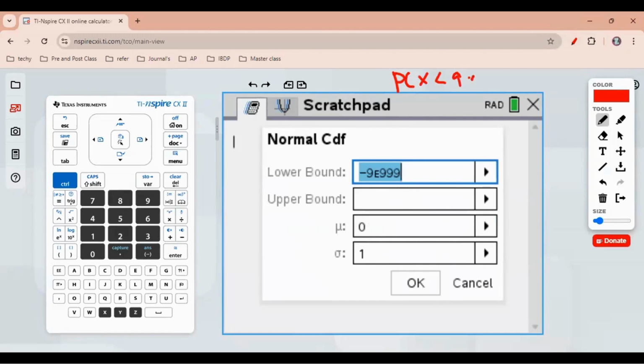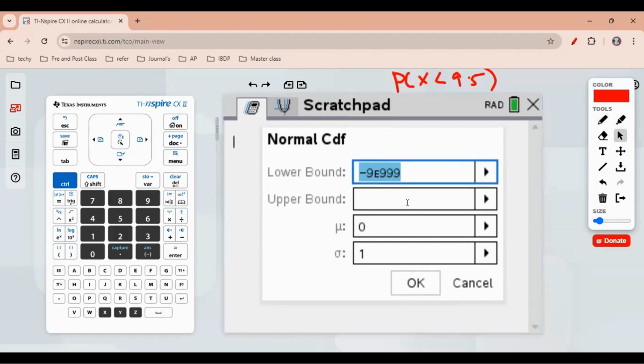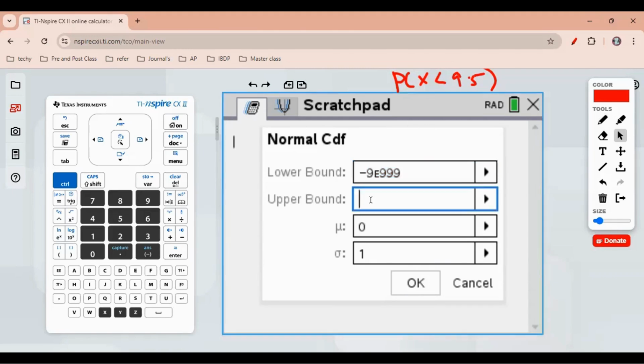X less than 9.5. So what is the lower bound? The lower bound is like minus infinity. It's already there, or you can put some big negative number with a lot of 9s. And then the upper bound: mostly we would give 9.5, but 9.5 is not included, so give a very close number to 9.5, which is 9.4999.